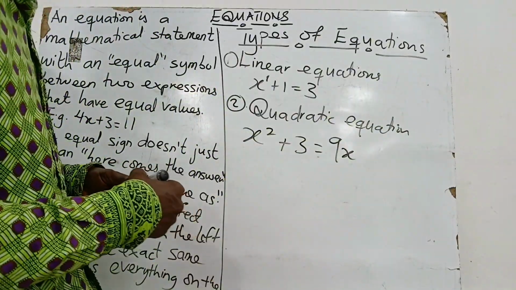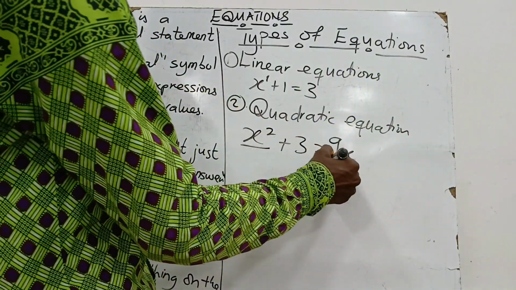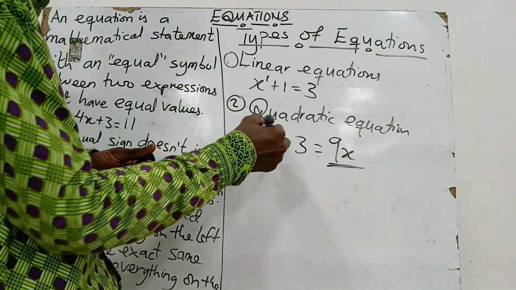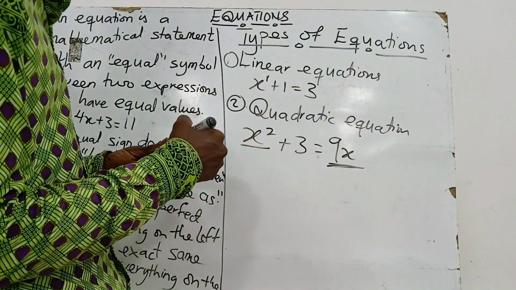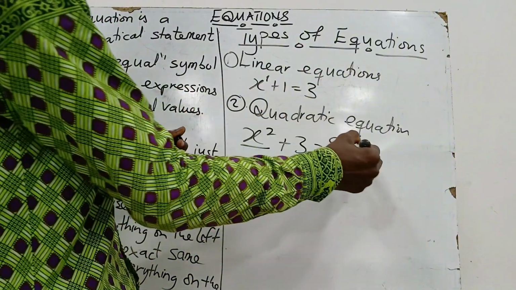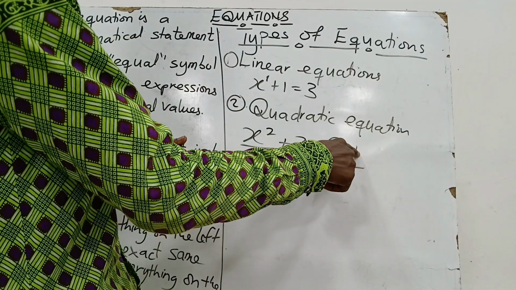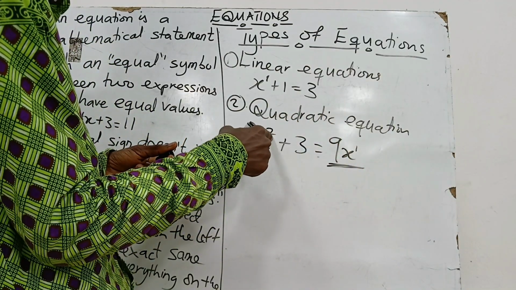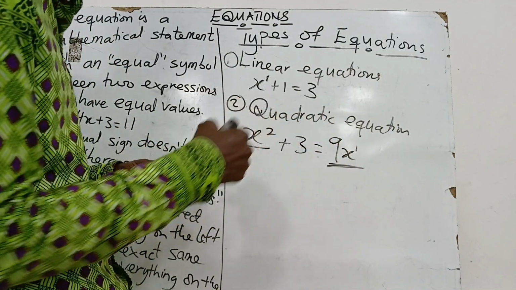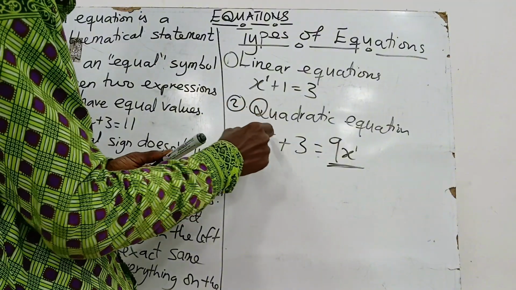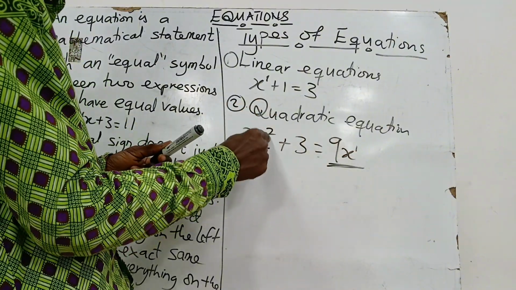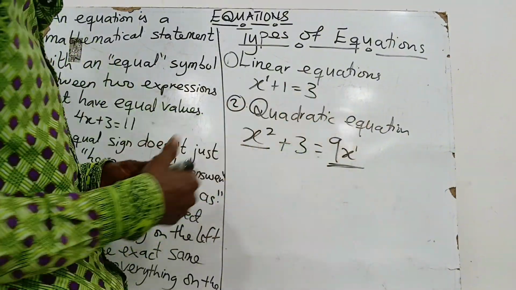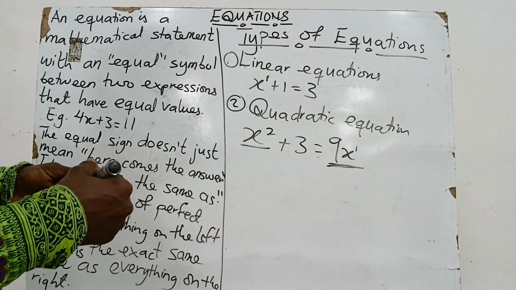Are you okay? So you see that this has a letter term, but the highest power, this x is raised to the power 1, the hidden one we don't write, but this x is raised to the power 2. So the highest power any of the letters here has is raised to the power 2, and that is what makes this a quadratic equation.